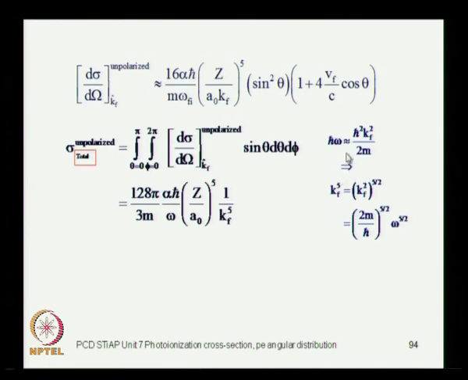K to the power 5 you get in terms of energy because energy is nearly equal to k square, right. So, the 5th power of k will go as the 5/2 power of frequency, right, because the 2nd power of k goes as energy.